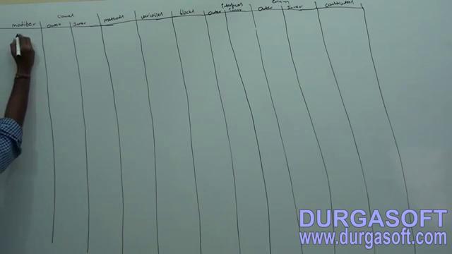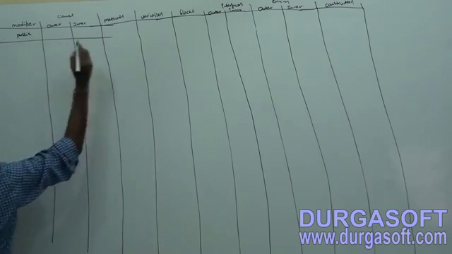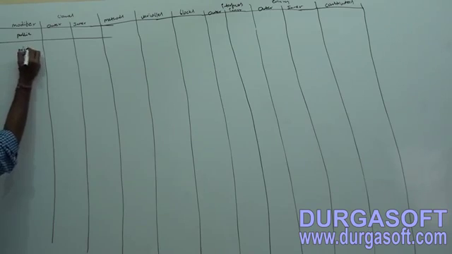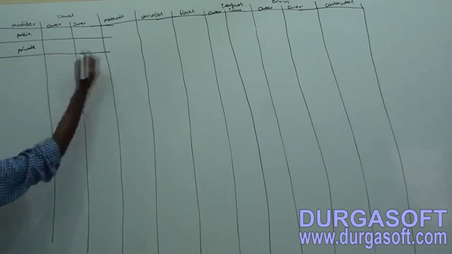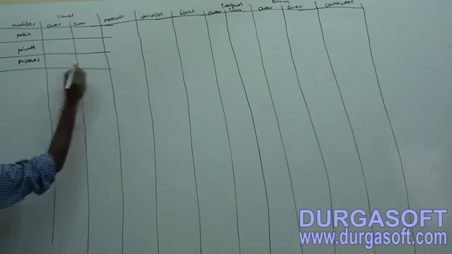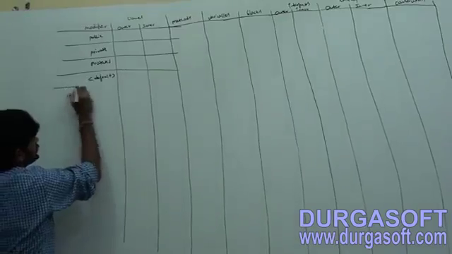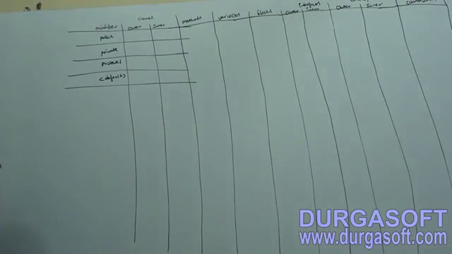Here, public. First modifier, public. Next, public, private, protected, default. First 4 modifiers.